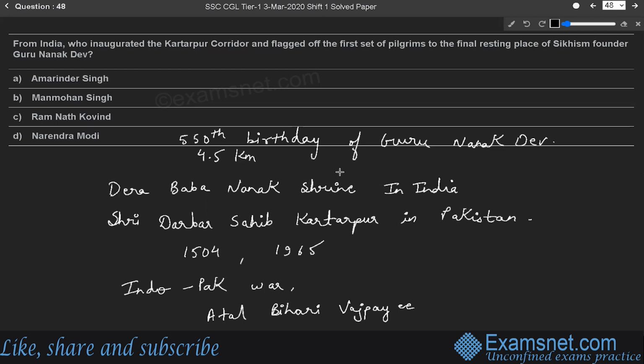The 550th birthday of Guru Nanak Dev was in November 2019. So the time was November 2019. And after this, Mr. Modi also compared this inauguration with the fall of the Berlin Wall.